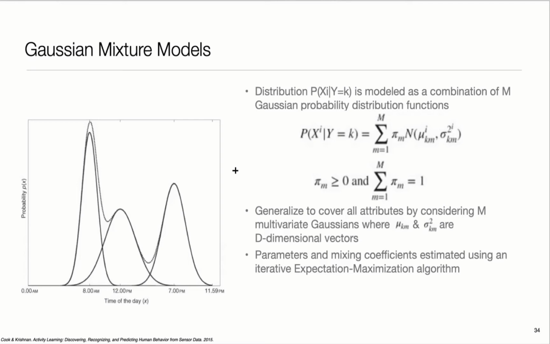And then the idea is that now you have parameters corresponding to each one of these m normals as well as the weighting function. So in some sense, we have 2 parameters per normal, and then we have the pi sub m, together with a constraint on it because the weights have to add up to 1.